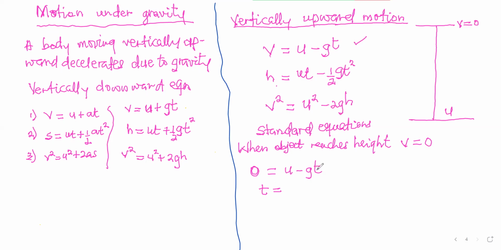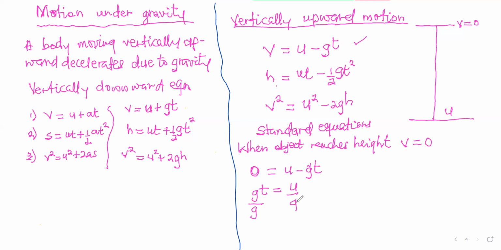Because you first send the negative gt to the other side of the equation. When it's negative here and it crosses the equal to sign, it is positive, isn't it? Yes, sir. So you have gt plus 0 is equal to u, and any number plus 0 is the number, so you don't even talk about 0. Then the next thing is to divide through by g.